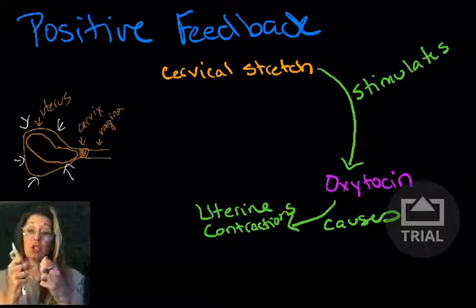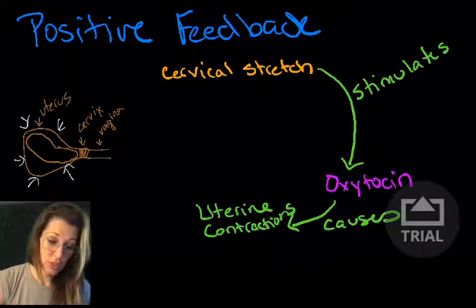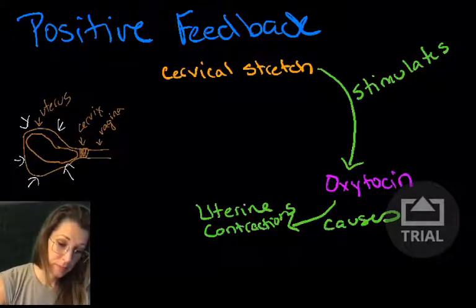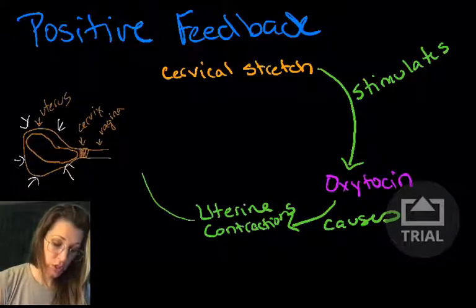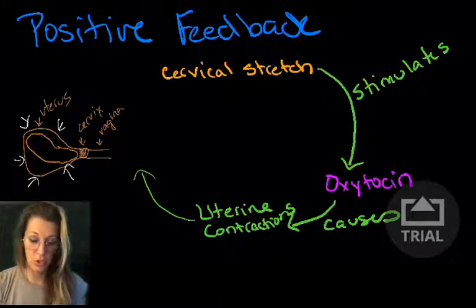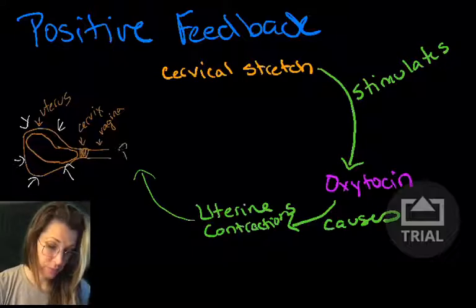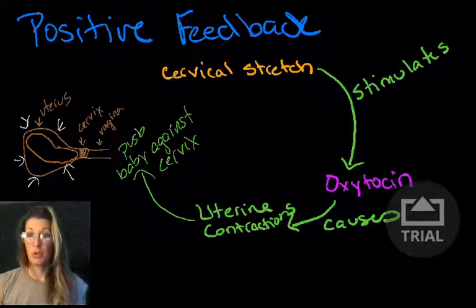And when the uterus contracts, that pushes on the baby inside the uterus. Uterine contractions push the baby, and the baby only has one direction to go, so it pushes the baby against the cervix.